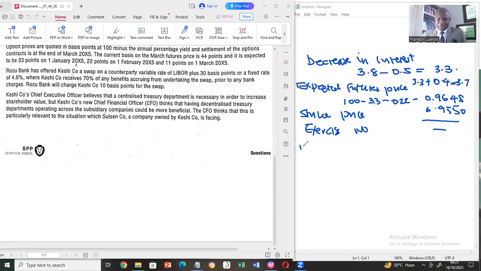So interest will be for 7 months multiplied by 18 million multiplied by the borrowing rate, 3.7. This will be 388,500.